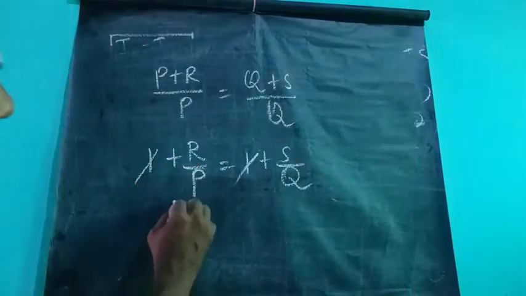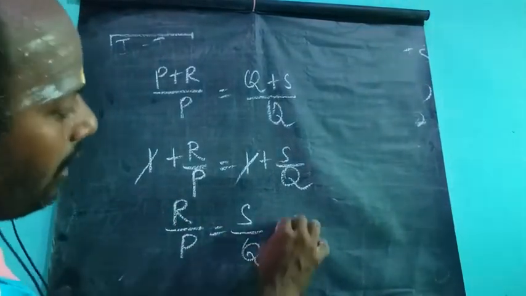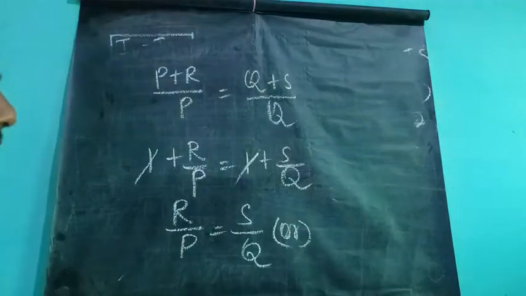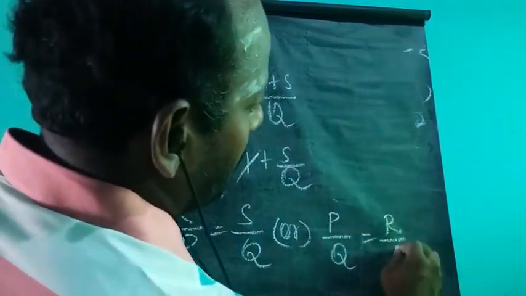So R by P is equal to S by Q, or P by Q is equal to R by S.